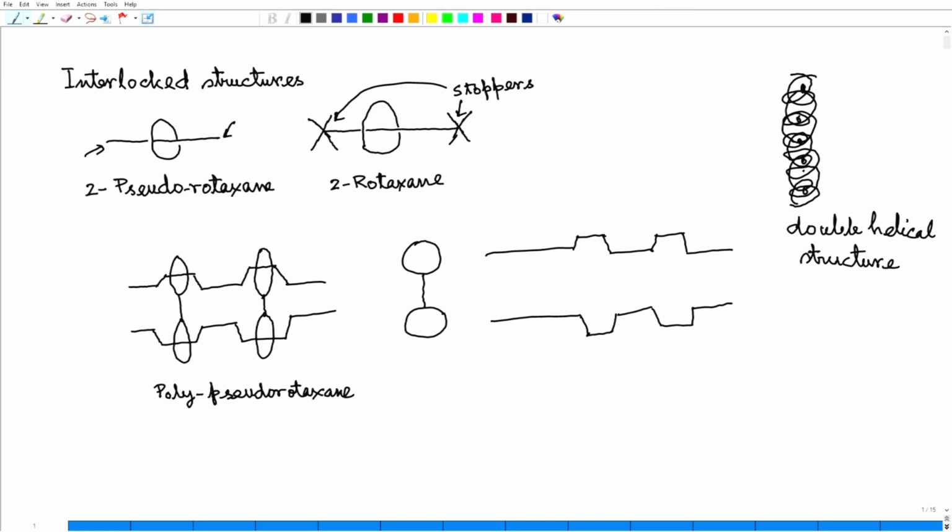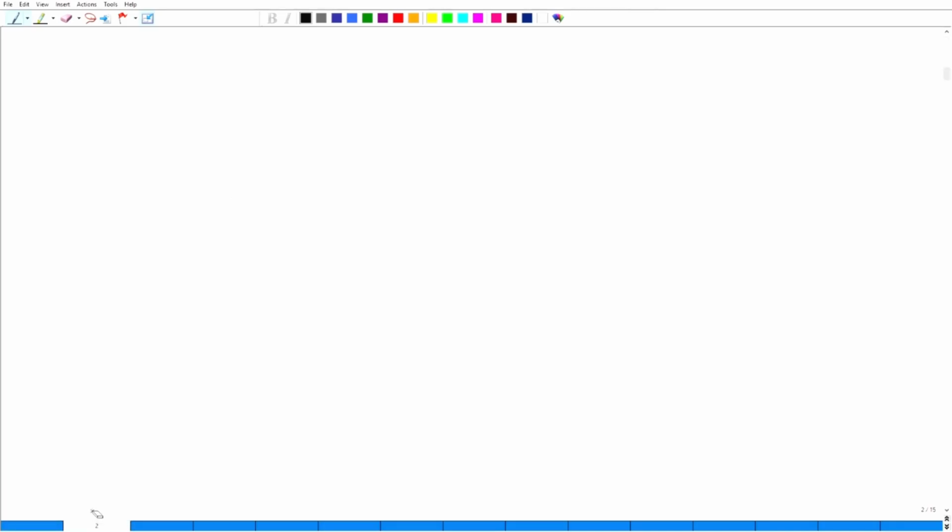Now, let us see how we can synthesize pseudo-rotaxane. Here I have a linear molecule.